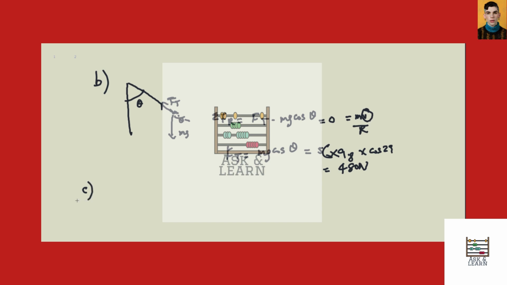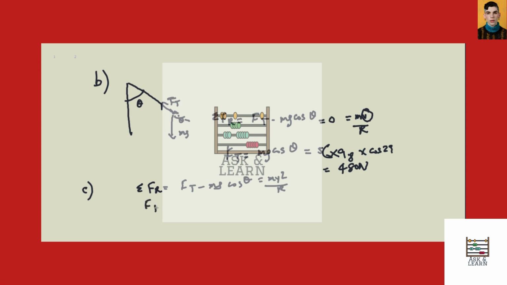All right. What is the maximum tension in the rope? So we write Newton's law: net force is Ft minus mg cos theta equals mv squared by r.